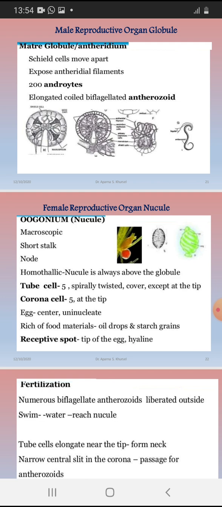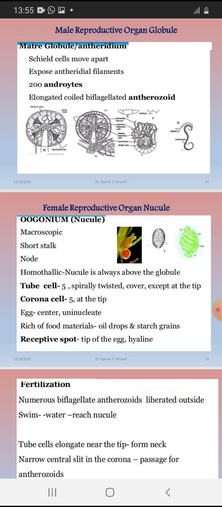That means you have to remember that the nucleus consists of an oogonial cell which is surrounded or covered by spirally twisted 5 tube cell and 5 corona cell. The position of corona cell is at the top or at the tip of nucleus, which looks like a crown.